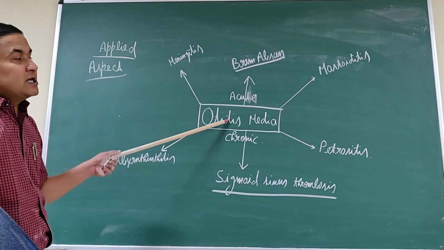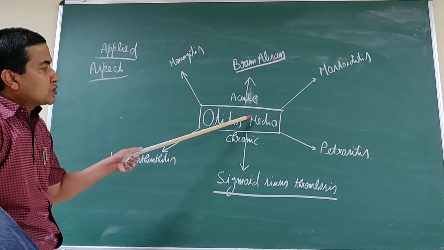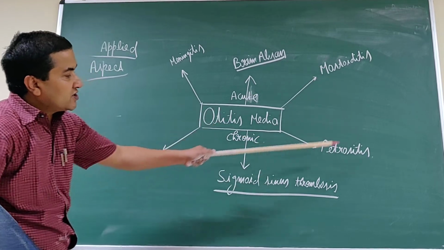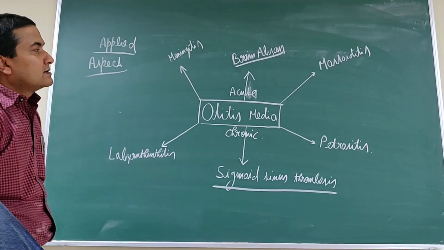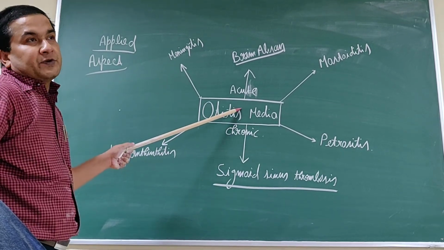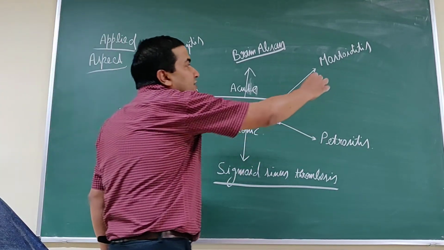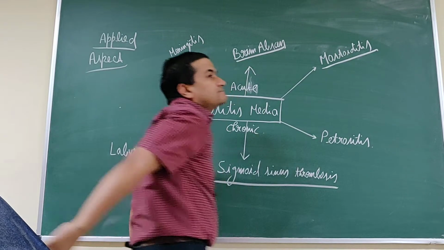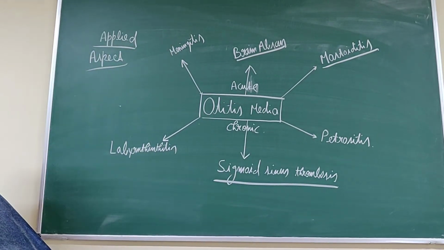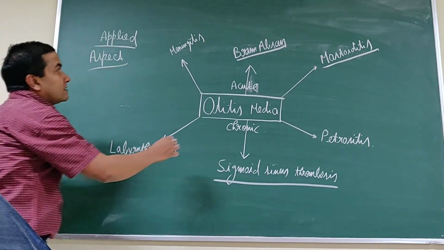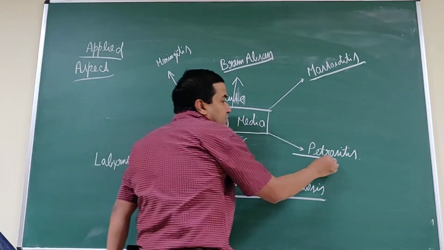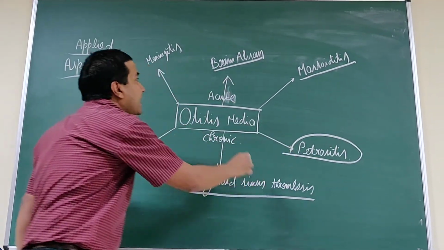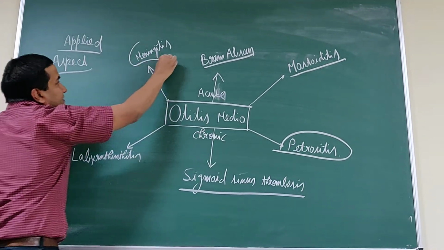The infection of the middle ear can be a source of spread of infection to various regions and lead to various complications. If it spreads backwards into the mastoid antrum, it is mastoiditis. If it spreads upwards towards the petrous temporal bone, it is petrositis, and then it can lead to meningitis.